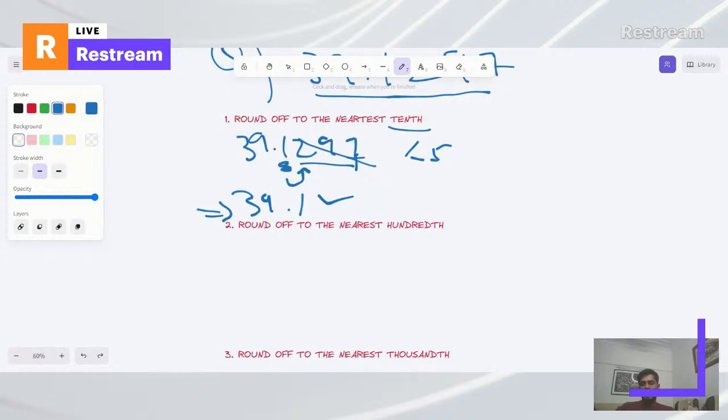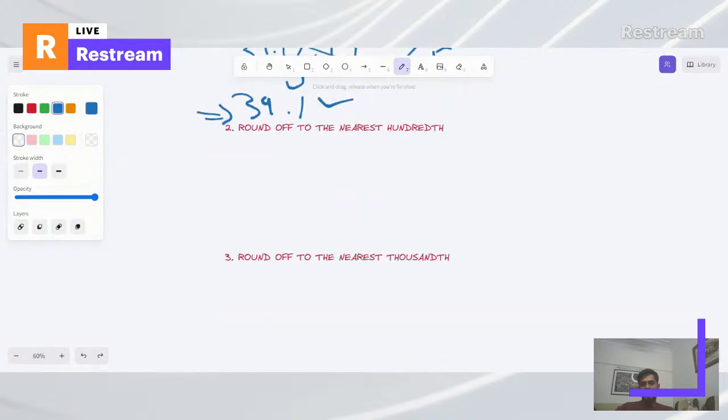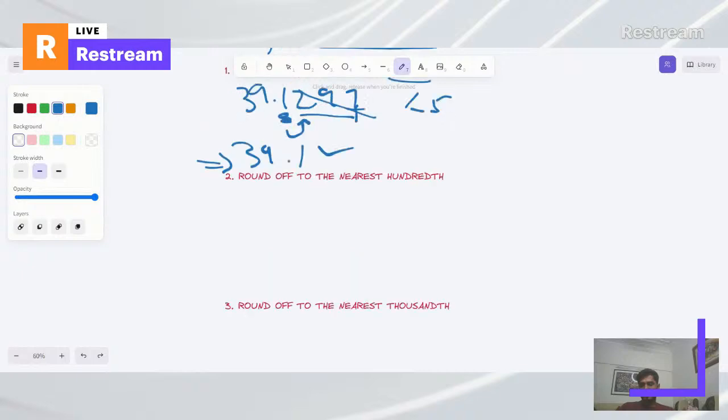Now coming on to the second part, we have 39.1297. We have to mark the hundredth position, so the hundredth position is this. We look back.